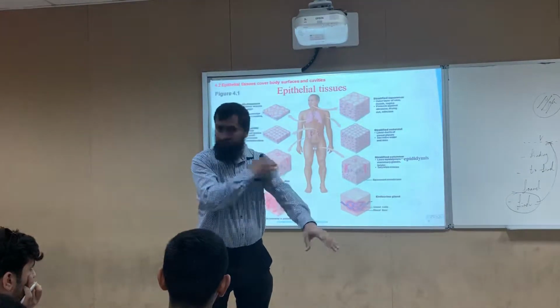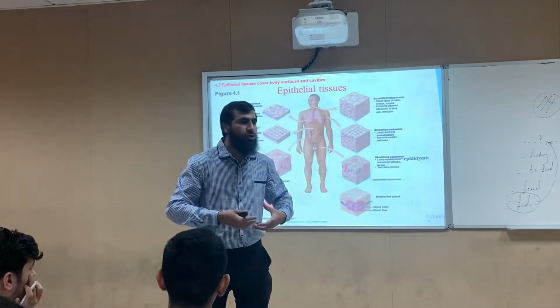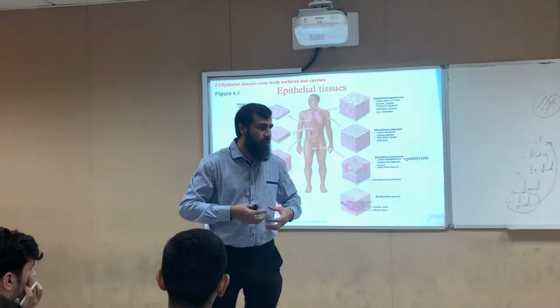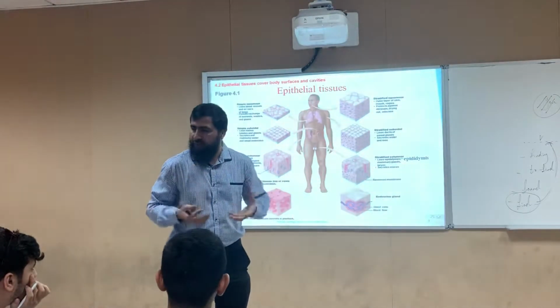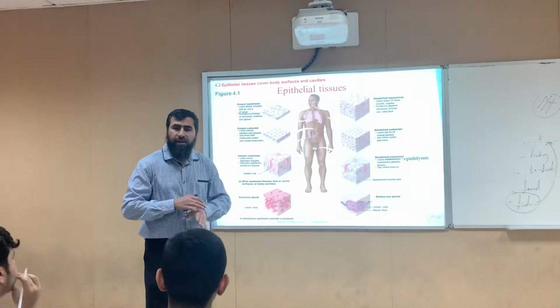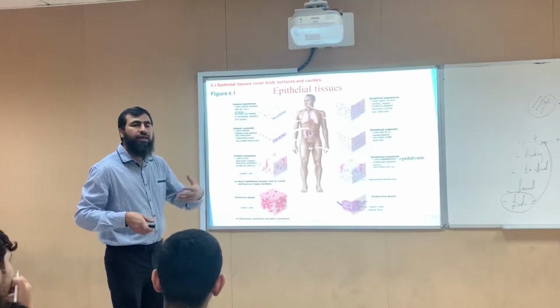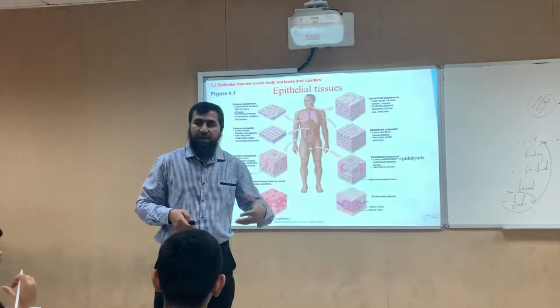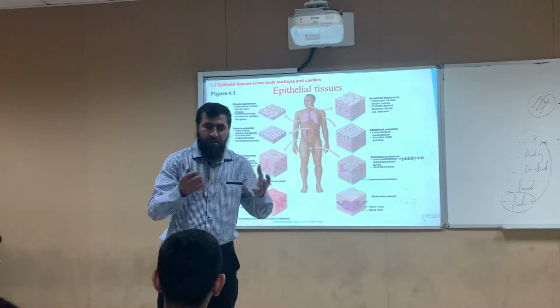The sweat glands produce sweat. We have gastric glands that produce the gastric juices in your stomach. We have lots of glands. In the female, they have the mammary glands, which produce milk. So there are many types of exocrine glands in our body. They produce their product and release it to the outside, a cavity, or a surface.